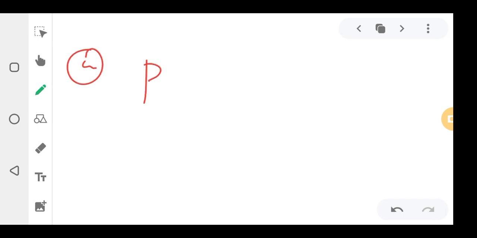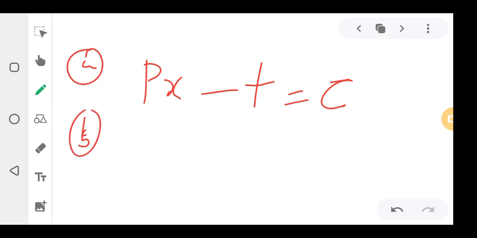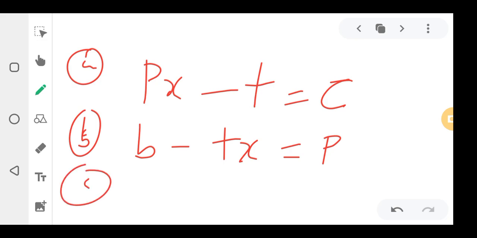Question 1: px minus t is equal to c. Question B: b minus tx is equal to p. Making x a subject.